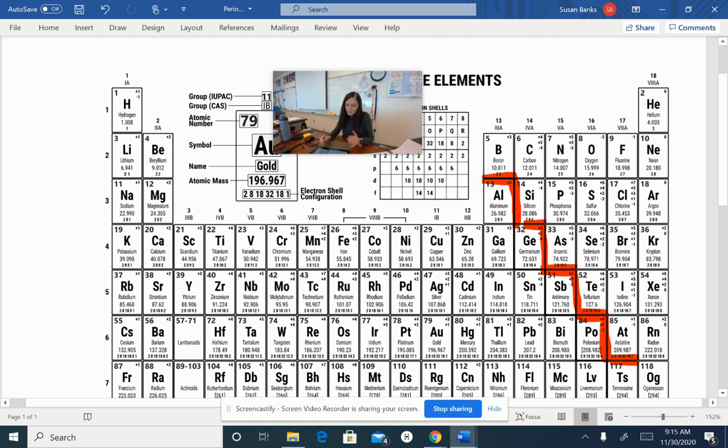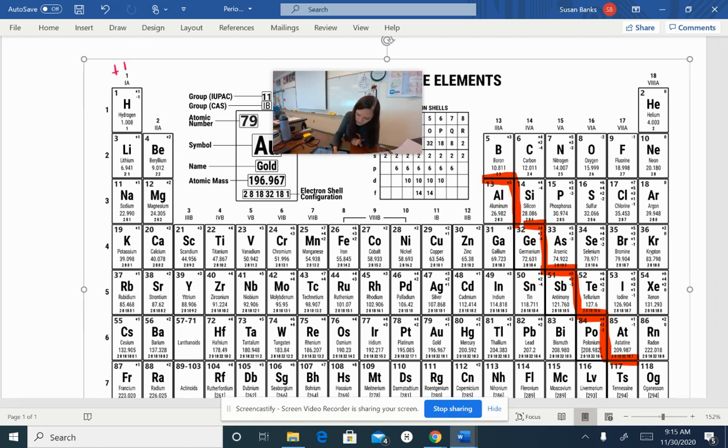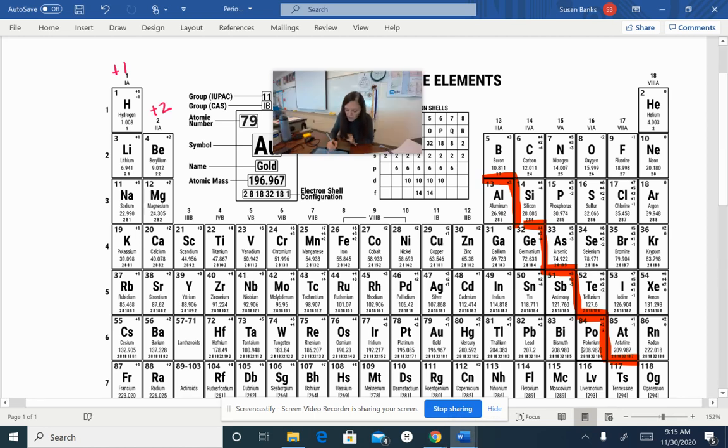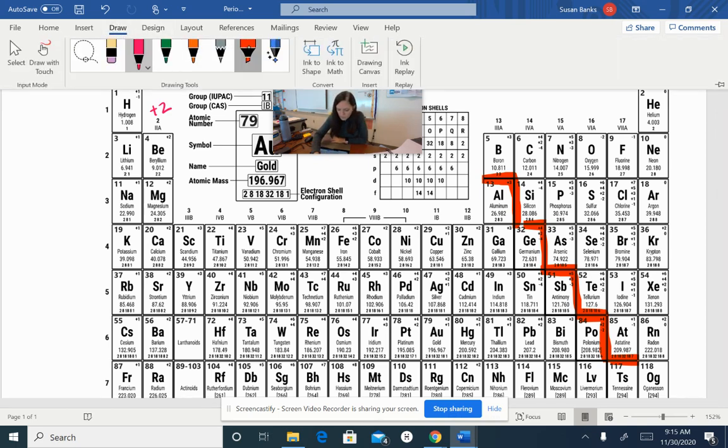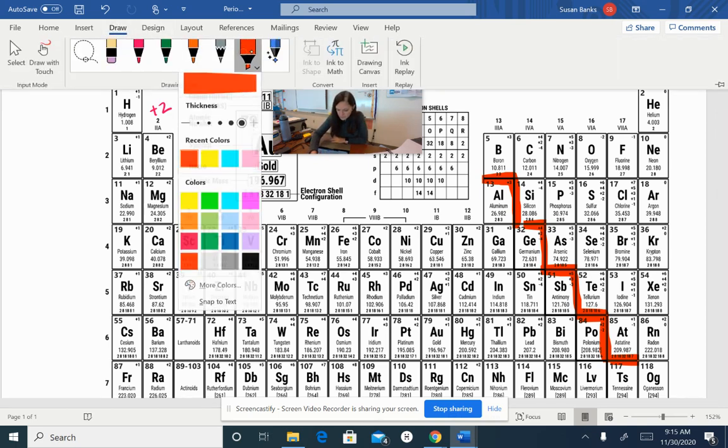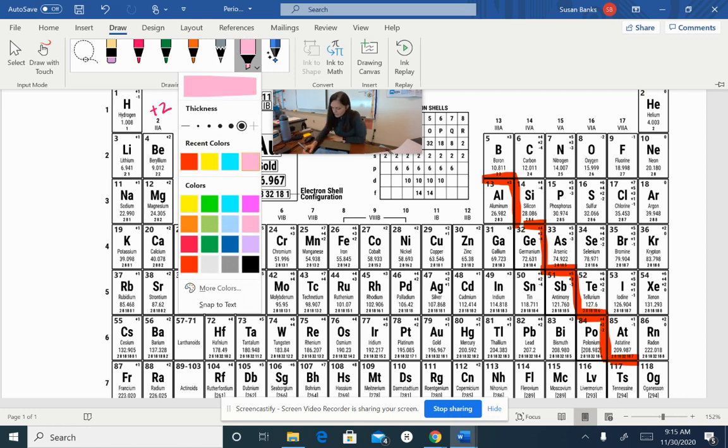So the alkali metals are going to be +1. Hydrogen, you can also almost guarantee it's going to be +1. Not always, but almost always. Alkaline earth is going to be +2. Okay, let's start highlighting these.